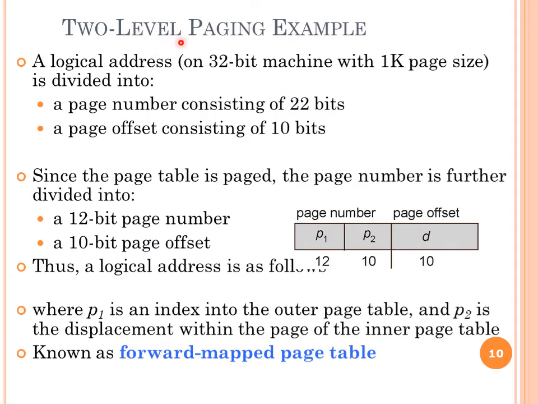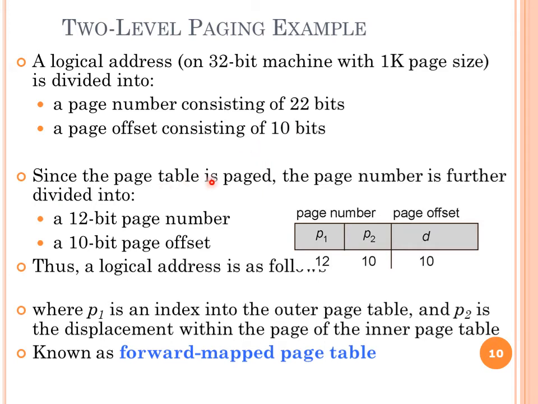So here is an example for two level paging. The logical address considered is for a 32-bit machine, and a 1K page size is considered here. Every address is divided into two parts indicating page number and an offset. The 32 bits are divided into 22 bits and 10 bits, where 22 bits indicate the page number and 10 bits indicate the offset.